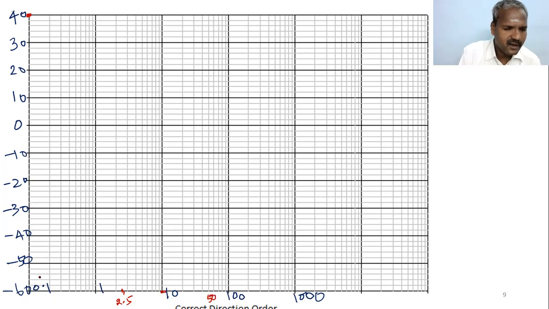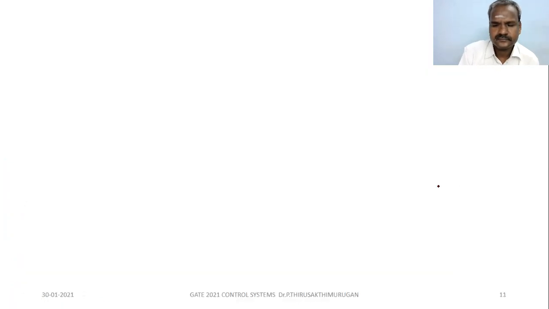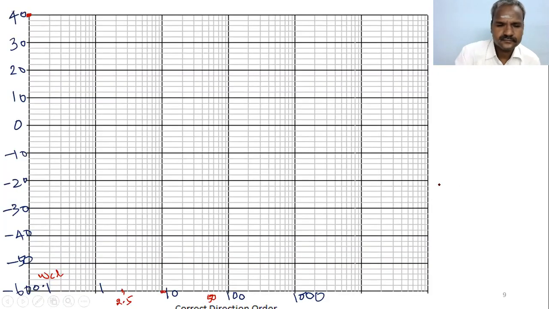This is the lowest corner frequency omega CL. This is omega C1. This is omega C2. This is omega CH. We can mark the points. When omega C1 is 2.5, what is the magnitude?